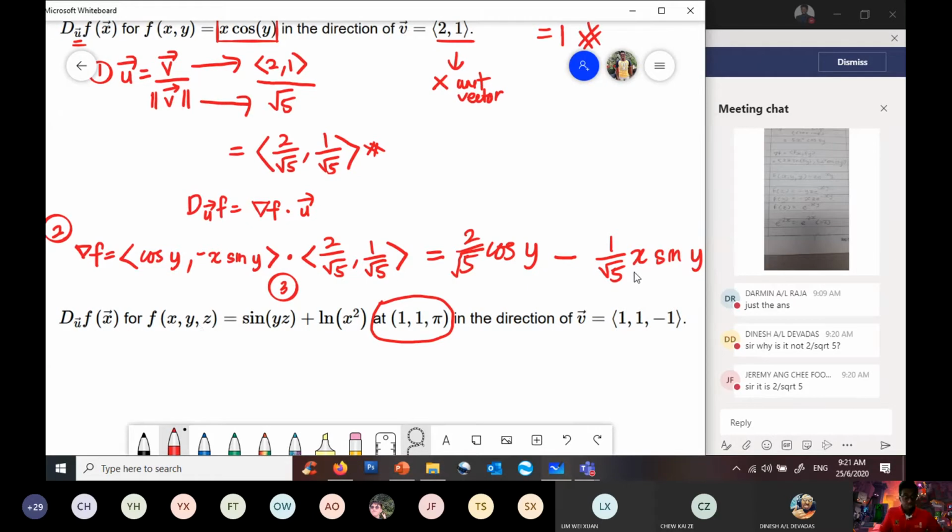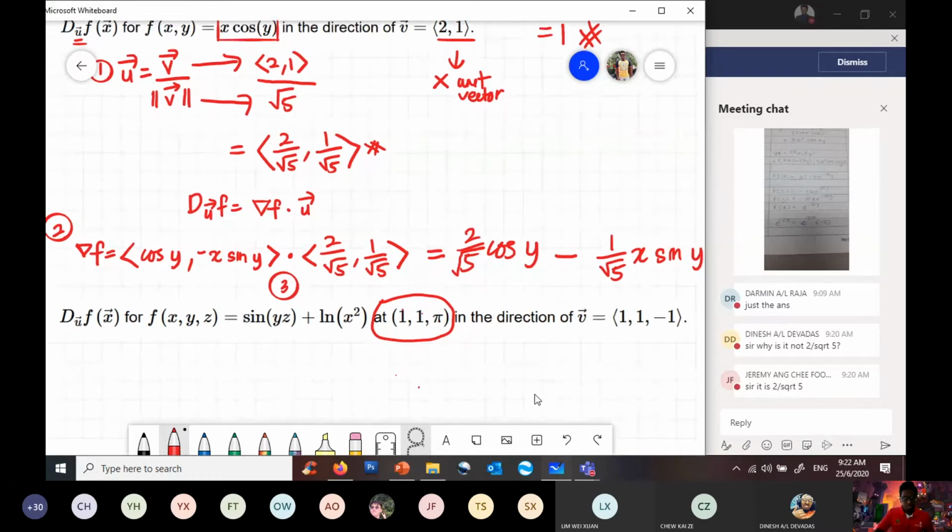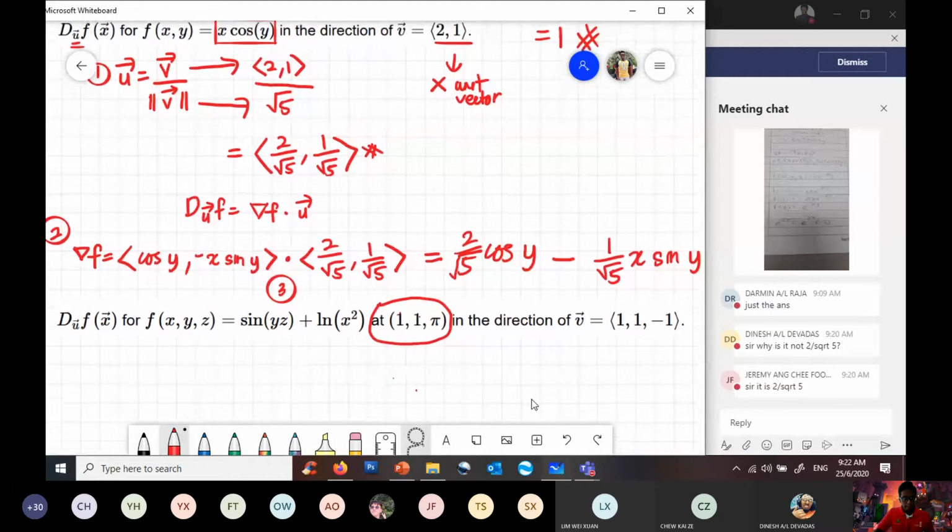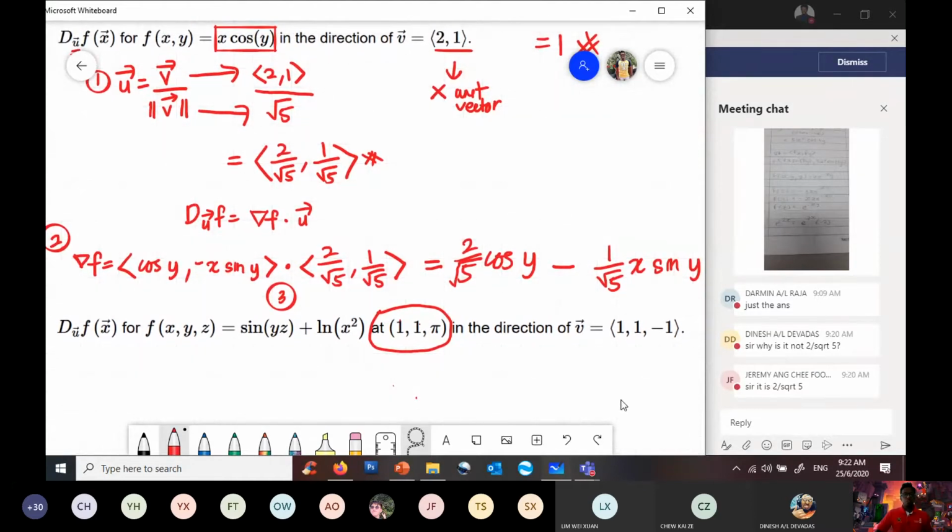Whatever answer you get finally, put x equal to 1, y equal to 1, z equal to pi. Just substitute the values in the very final answer. So instead of an expression, you will actually get a value. Find the directional derivative and then plug in the coordinates. Take some time, try it out. There are three steps involved.